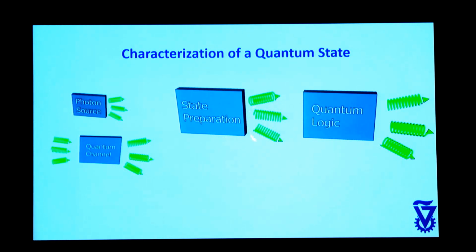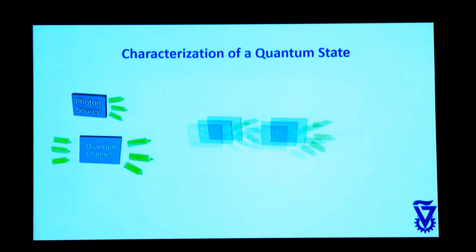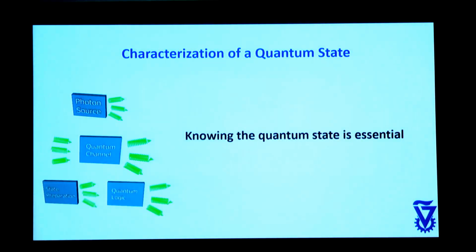You prepare a quantum state, like the input state of an algorithm. Then you put it in the algorithm, in the quantum circuit, and you have some output state. You want to measure these two. So in all of these scenarios, knowing the quantum state is really essential. And when I say quantum state, I mean that I want to find the density matrix that I described in the previous slide.